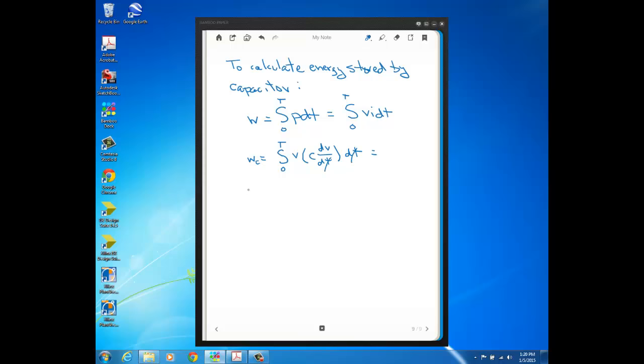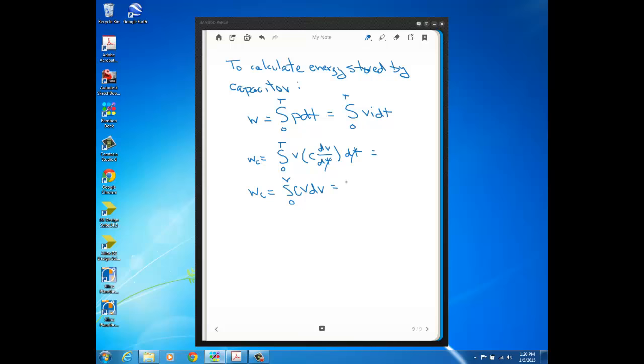So now we're integrating with respect to voltage V, because we have to change our limits, since the dt's cancel out. Now we're integrating over voltage.